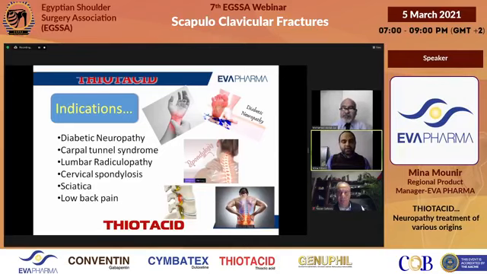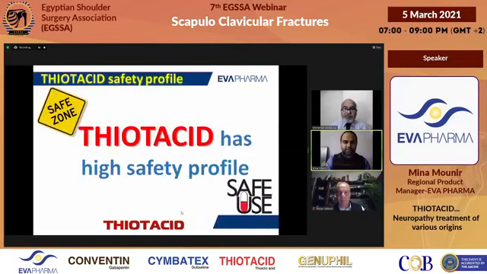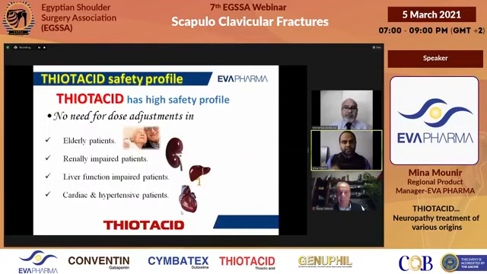There are many routines using cytosine or alpha-lipoic acid in these cases, just to ensure that cytosine is very safe for different populations: elderly patient, renally impaired patient, liver function impaired patient, or cardiac, hypertensive or diabetic patient. No need for dose adjustment.